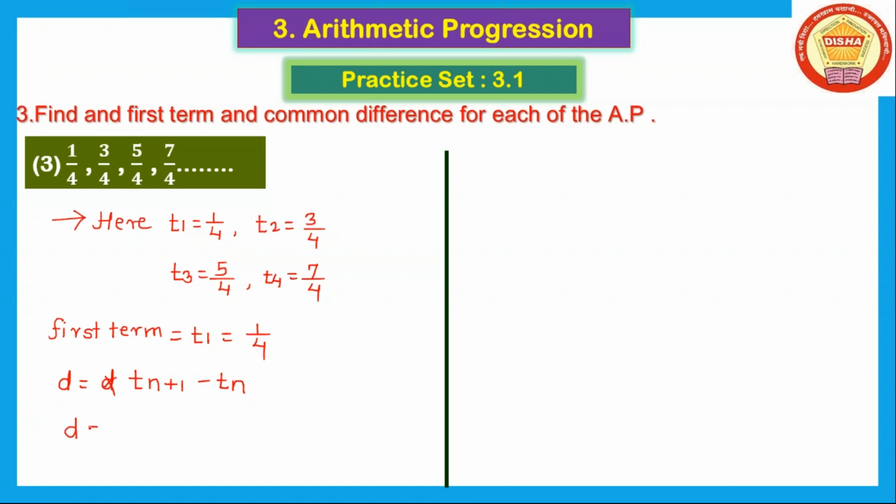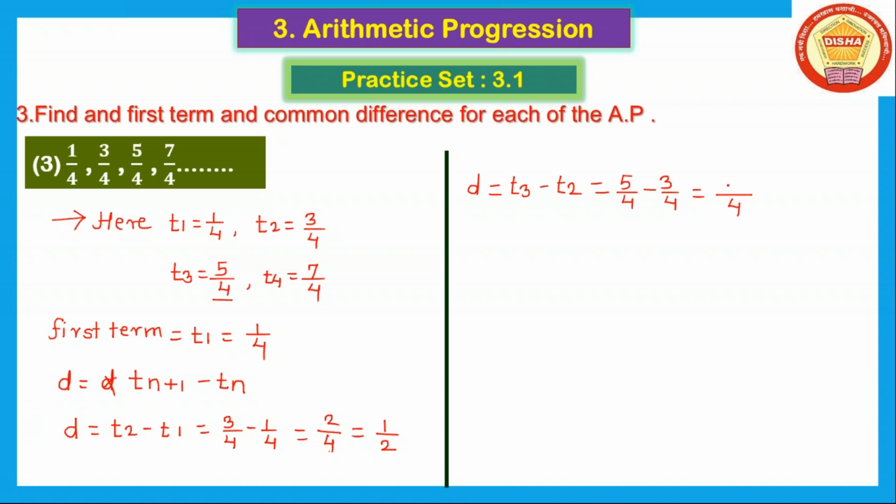This means the difference for the first two consecutive terms, that is T2 minus T1: 3 upon 4 minus 1 upon 4. The denominator is equal, so we write 4 as it is, and 3 minus 1 is 2. 2 upon 4 means 1 upon 2. Then we find the difference between the next terms, T3 minus T2: 5 upon 4 minus 3 upon 4.